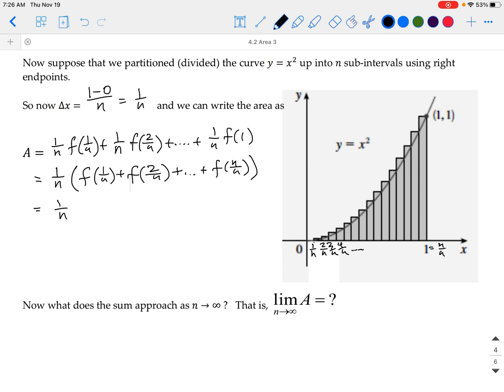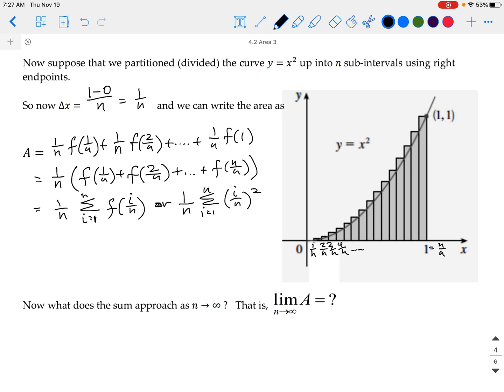So this is 1 over n, sum i equals 1 to n of f of i over n, is one way we could write it. We could also use the explicit x squared rule. So we could do 1 over n, sum i equals 1 to n, of i over n squared, where each i over n squared term is each value of the function.